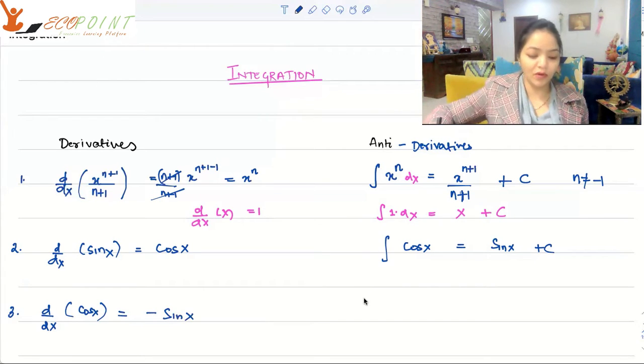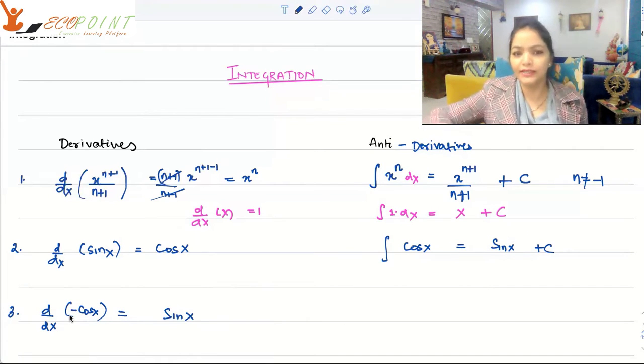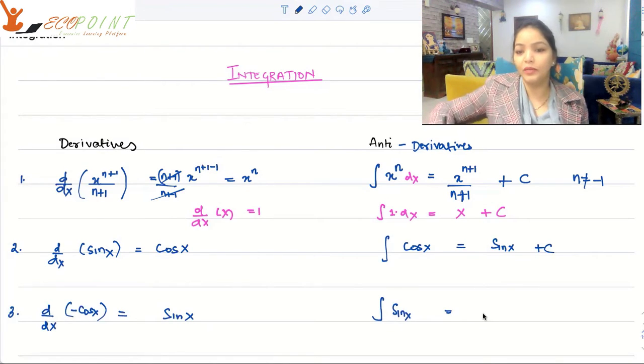Or in other words, to talk in terms of integrals, d by dx of minus cos x is sine x, because minus minus will make it positive. So the integral of sine x will be minus cos x plus c.